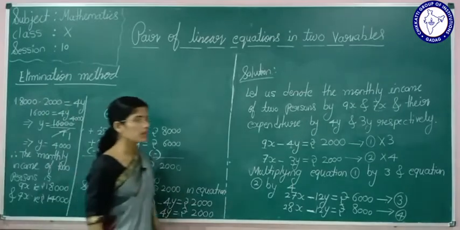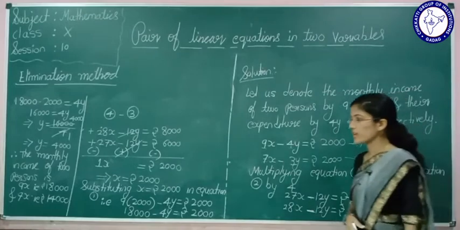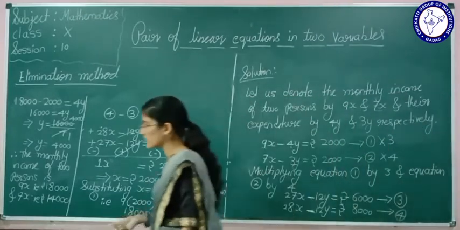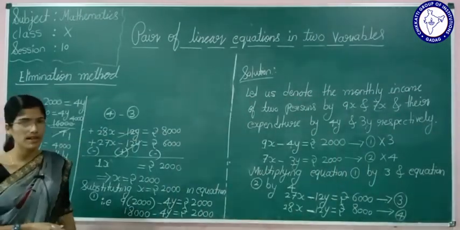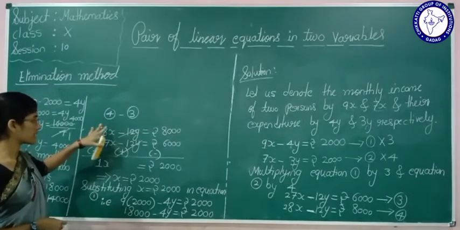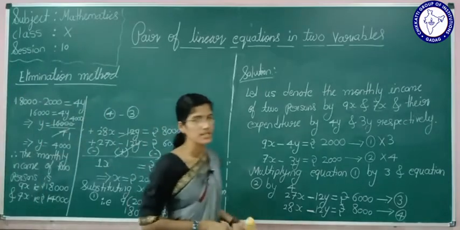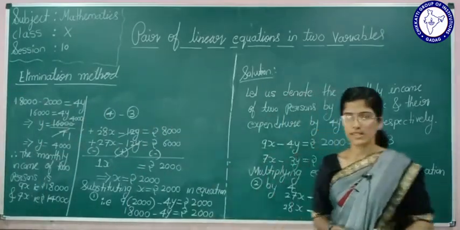Okay. Now, whatever we have done, is it correct? How to find out that? You know that we can put the x and y values in this equation. If LHS is equal to RHS, we will get it exactly. Okay, you can do that also.